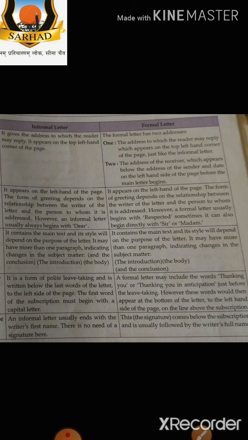A formal letter has more than one paragraph, divided into introduction, main body, and conclusion. In an informal letter there are also three paragraphs, or more according to the subject matter. It also divides into introduction, main body, and conclusion.